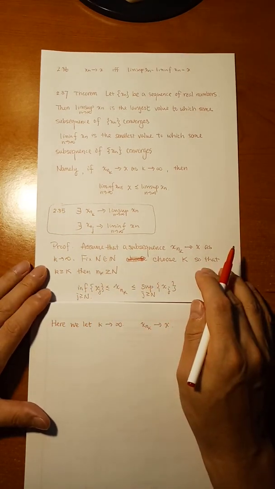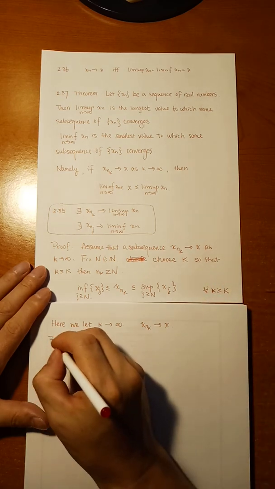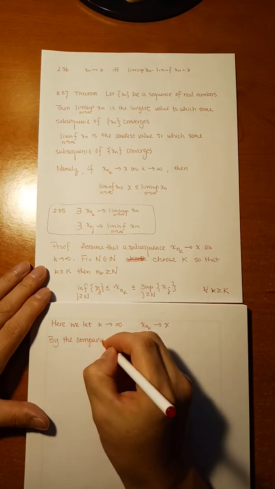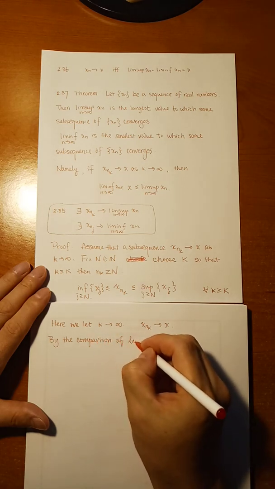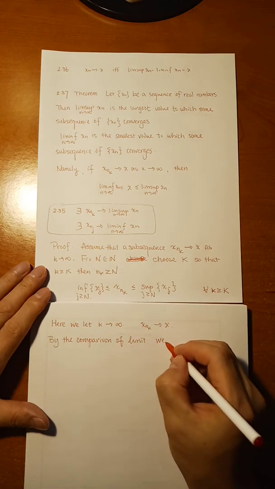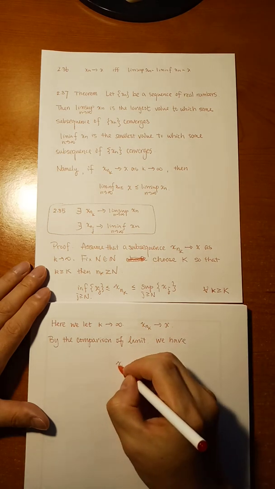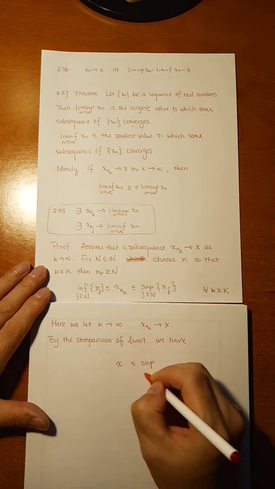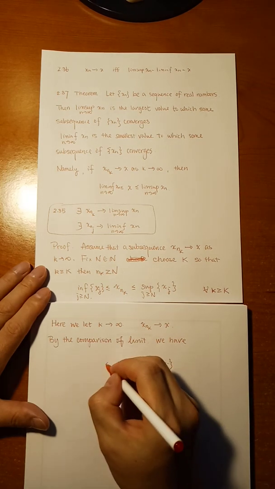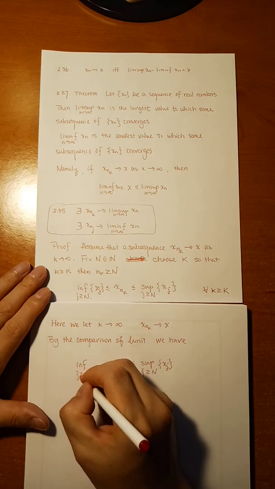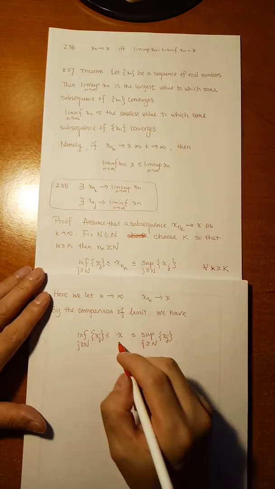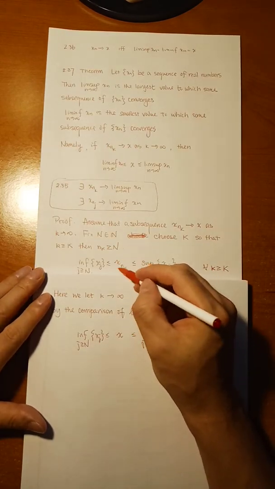Then by the comparison of the limit, we have x between the supremum of xj, j greater than or equal to N, and the infimum of xj, j greater than or equal to capital N. Okay, so in this process, we change the middle term first.